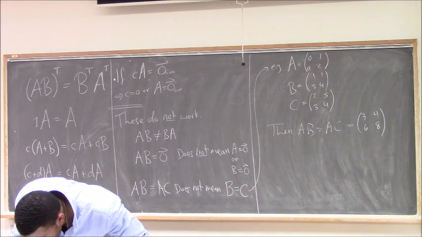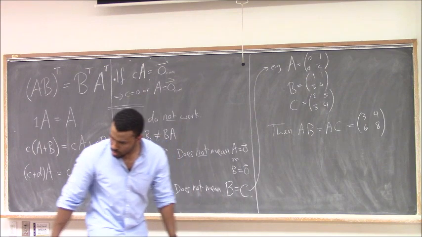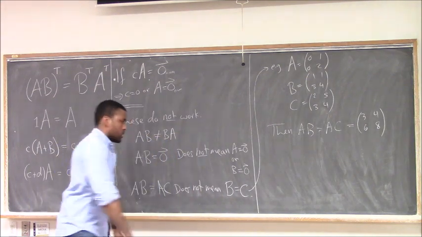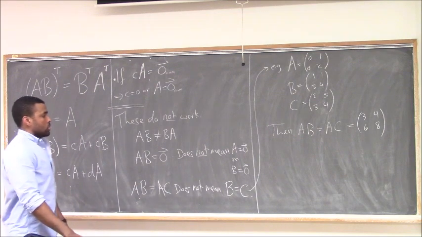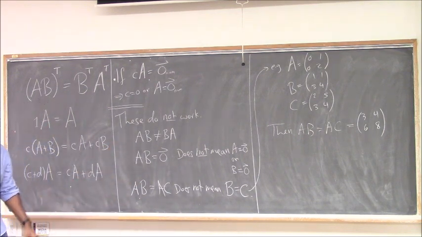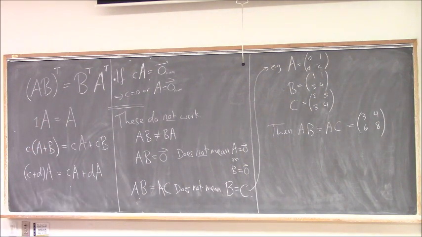Similarly, A times B equals 0 does not mean B equals 0. So there are some intuitive things that will not work with matrices, so be careful. But there are other things that will work.